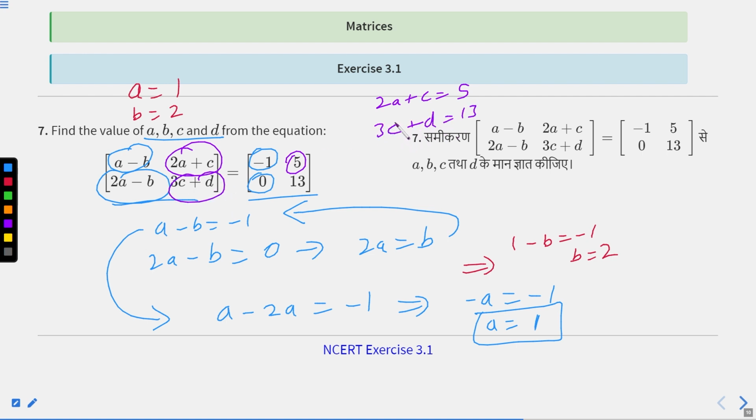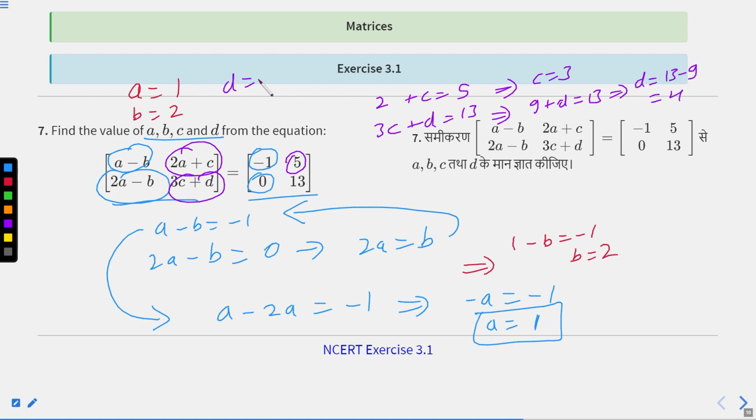Okay, now how are you going to solve it? As we know, value of a is 1. So this means c must be 3. And if c is 3, this means in this equation you will have 9 plus d is equals to 13, and this will imply d is equals to 13 minus 9, which is 4.